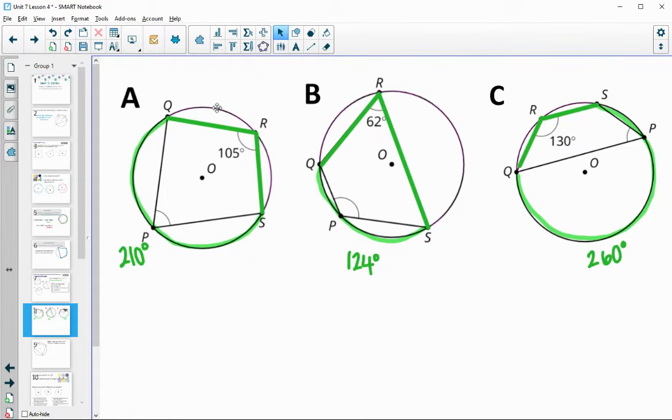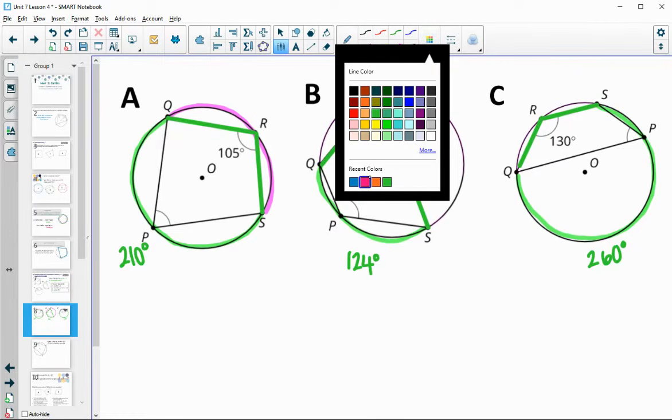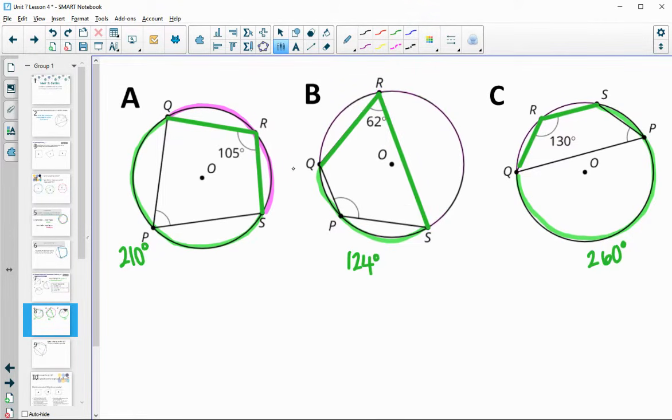Then we were supposed to find the measure of the other arc from S to Q. So now we want this one. If we're coming up with the measure of that arc, remember the total of a circle is 360. So we should be able to do 360 minus 210 and get the remaining portion of the arc, in this case 150 degrees.